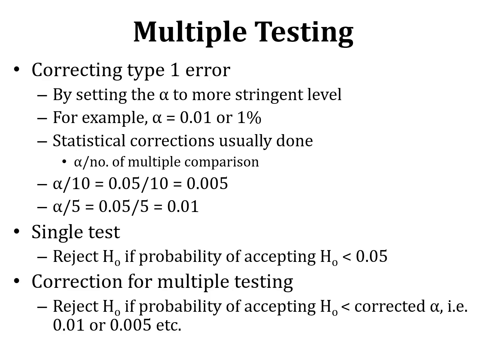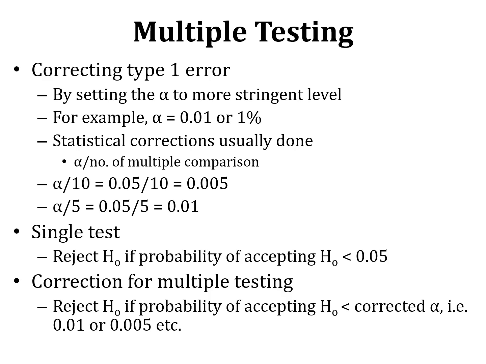But in this case, after the statistical corrections, we reject null hypothesis if probability of accepting null hypothesis is less than the corrected level of significance, that is 0.01 or 0.005, etc. So instead of rejecting the null hypothesis at 0.05, we are rejecting it at 0.01 or 0.005.